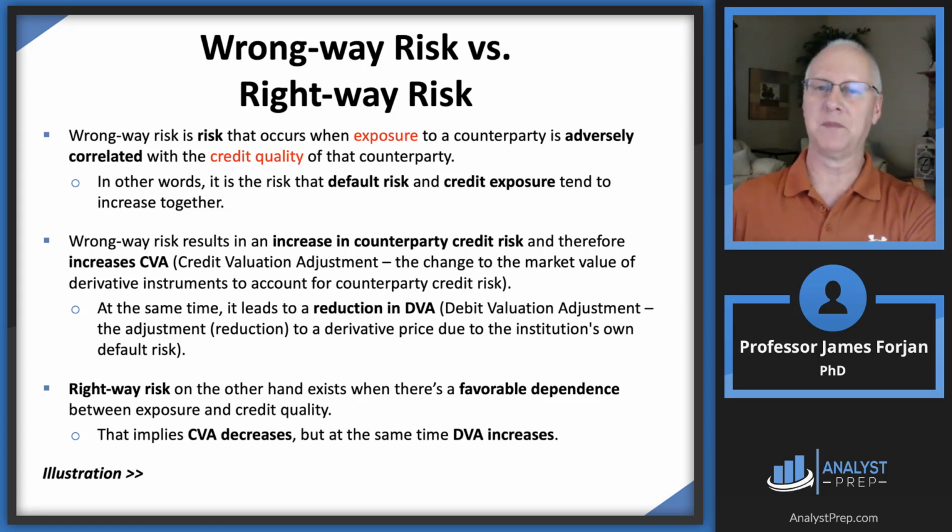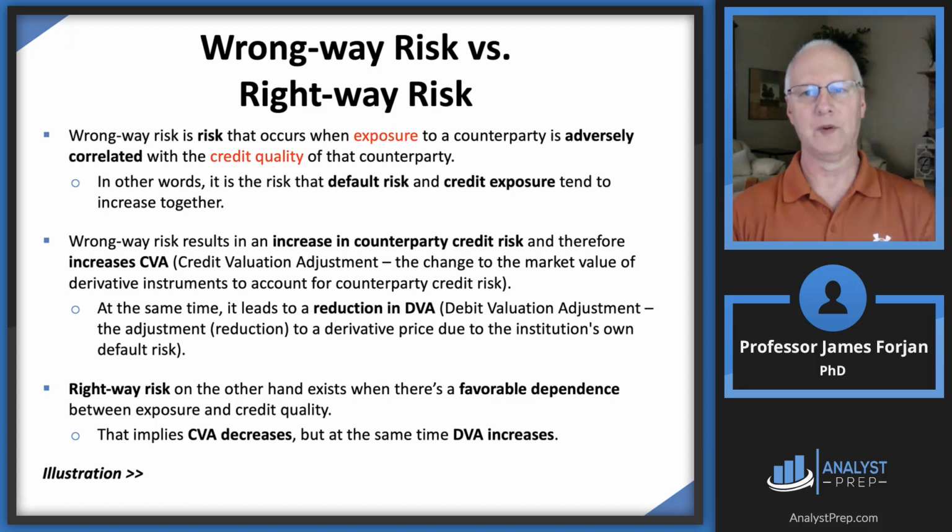And then something bad happens to me that's unrelated to you, but it's related to the underlying asset. So we have this adverse correlation. So look at the circle point. It's the risk that default risk and credit exposure tend to increase together.